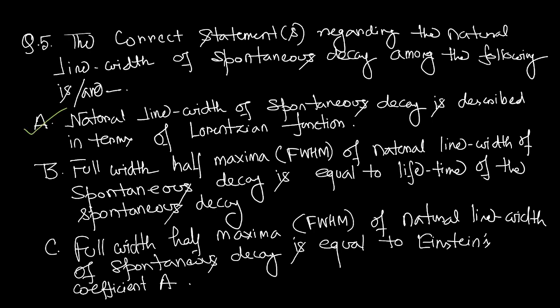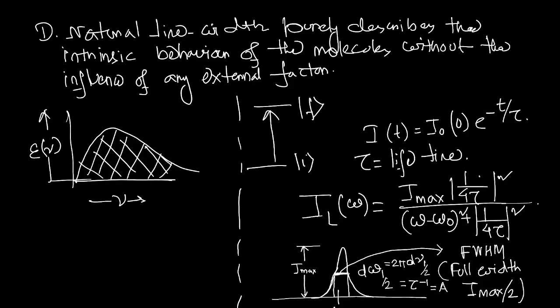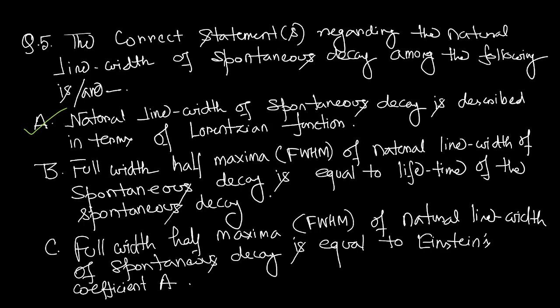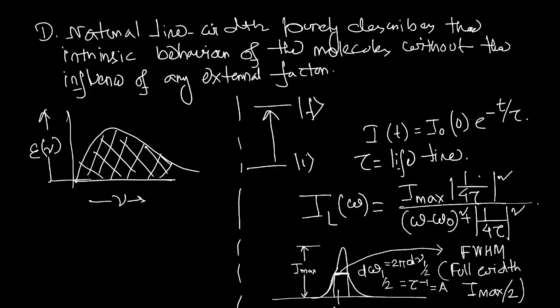Now, the full width at half maxima of natural line width of spontaneous decay is equal to the lifetime of the spontaneous decay. As I mentioned here, it is not equal to; it is the inverse of the lifetime of the system. So this is incorrect. Now, the full width at half maxima of natural line width of spontaneous decay is equal to the Einstein's coefficient.